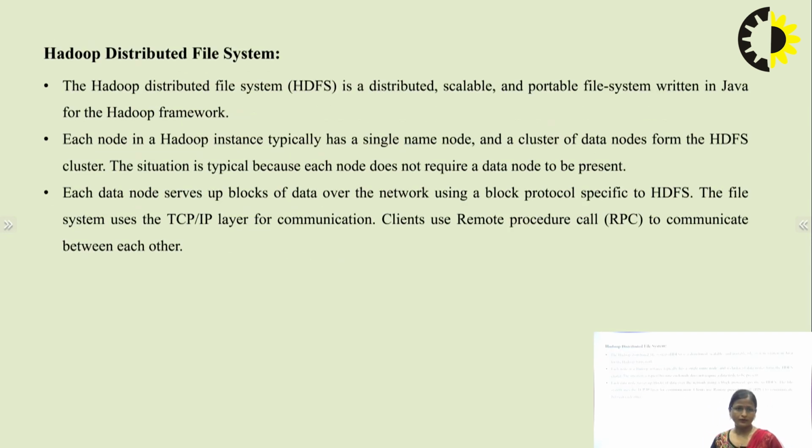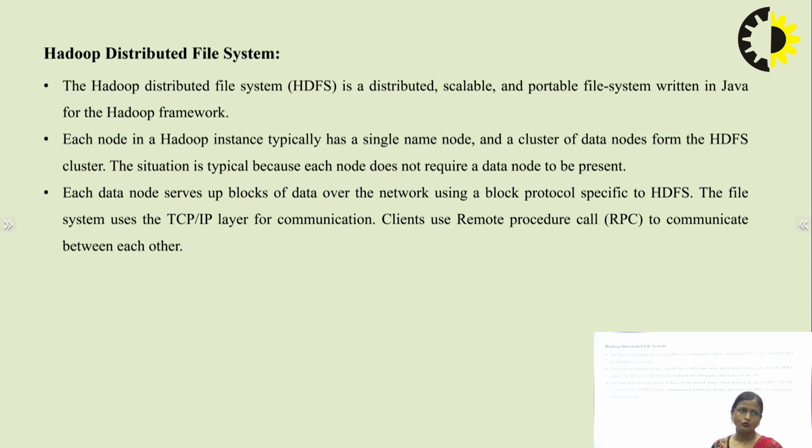Hadoop Distributed File System. So here the concept is HDFS. HDFS is the Hadoop Distributed File System. DFS we have already learned, and it is linked with Hadoop. So the concept is HDFS, and it is a distributed, scalable, and portable file system written in Java for the Hadoop framework.